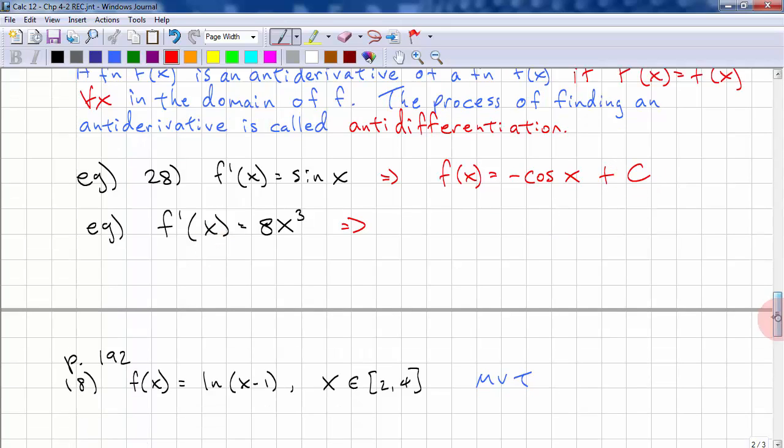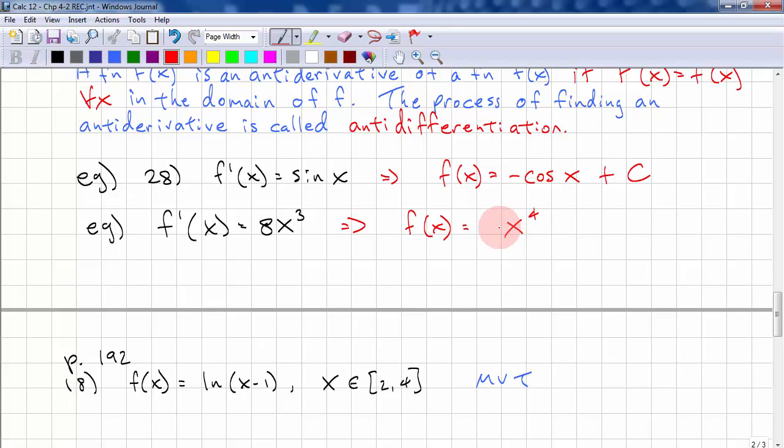Here's one with a power. And to do this, we're going to do the backwards of a power. So let's start off with the power term. When we take the derivative, the power is reduced by 1. So we need to increase the power by 1 when we're taking the antiderivative.